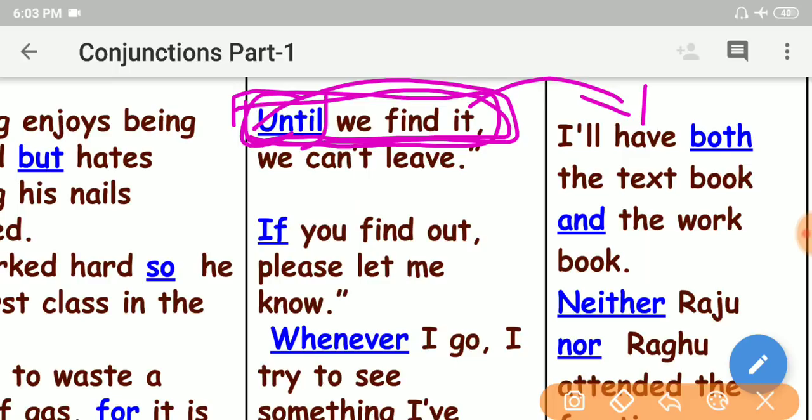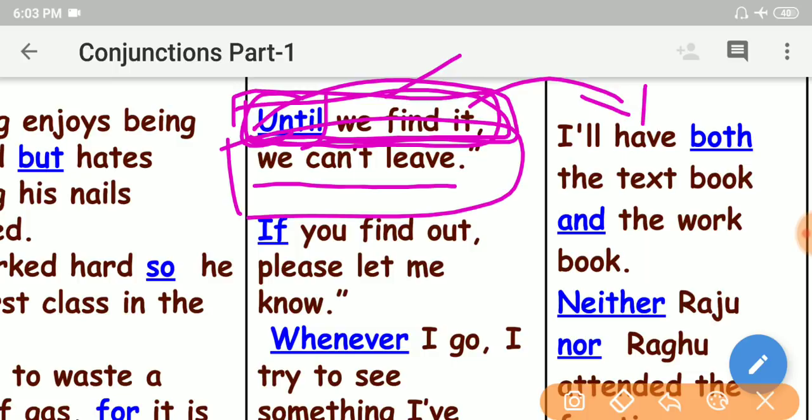So: until we find it, we cannot live. We cannot live gives independent meaning, but until we find it demands other information to complete its meaning. That's why this is the subordinate clause, and this is the main clause or independent clause. Always, subordinate conjunctions are used at the beginning of the subordinate clause.